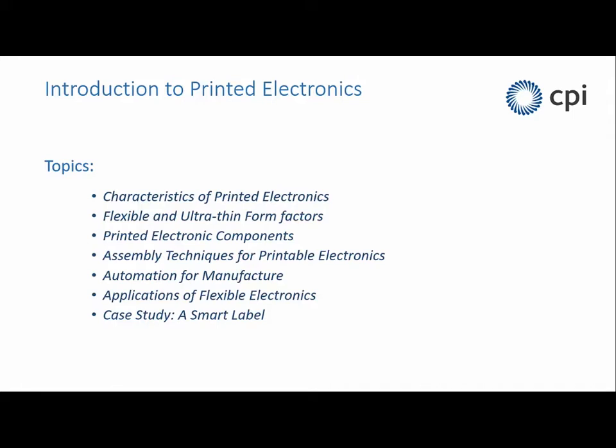There's quite a move to look to high volume manufacture of printable electronics, and so in the section on automation for manufacture, we'll look at some roll-to-roll production equipment that's being used to do assembly of these devices, and we'll also try to understand the range of applications that printable electronics is being perceived and used for currently and in the future. And we'll finish with a case study of a smart label.